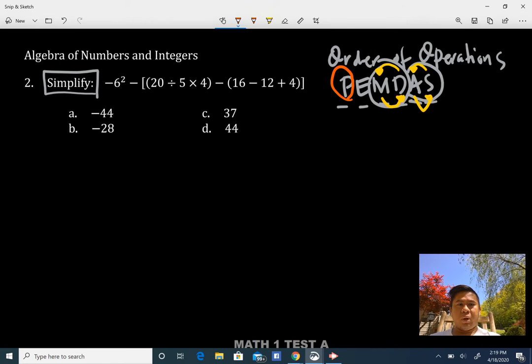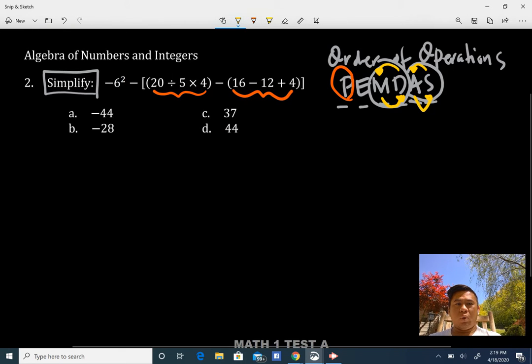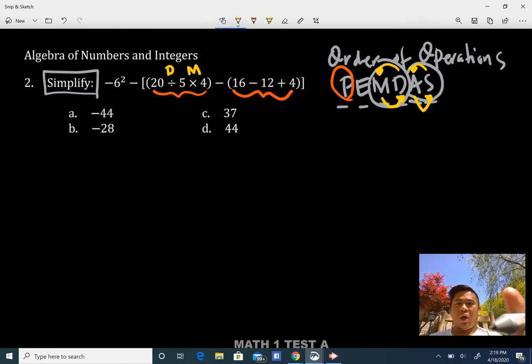So inside the parenthesis, we have the following: the 20 divided by 5 times 4, and the 16 minus 12 plus 4. So with those two parentheses, we have a division in here and a multiplication. And on the other parentheses, we have a subtraction and then addition.